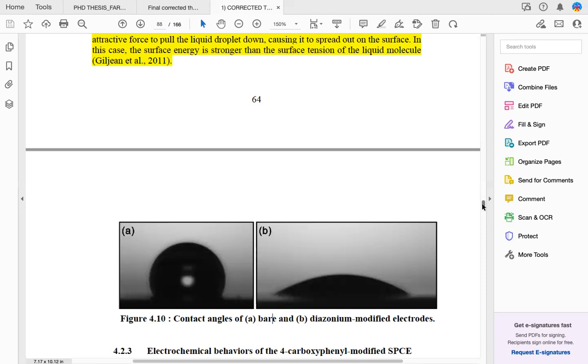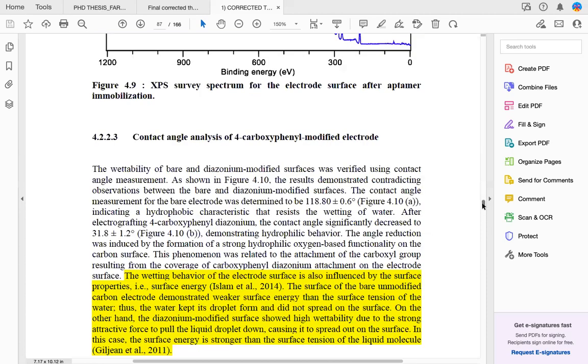All right, and some explanation. You can see there's a lot of explanation. The figure demonstrates hydrophilic behavior. The angle was reduced by the formation of strong hydrophilic oxygen, because he wants to talk about the diazonium already being attached. So diazonium salt is supposed to be hydrophilic.